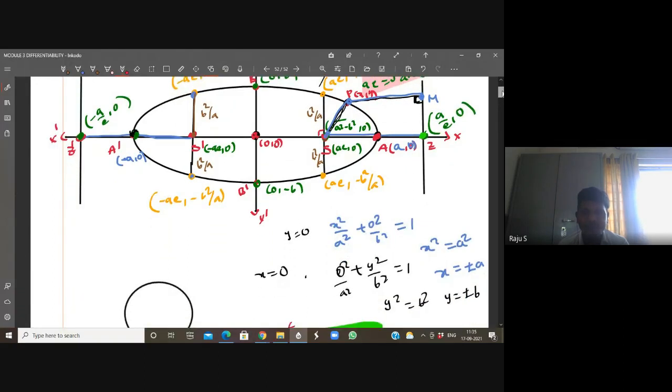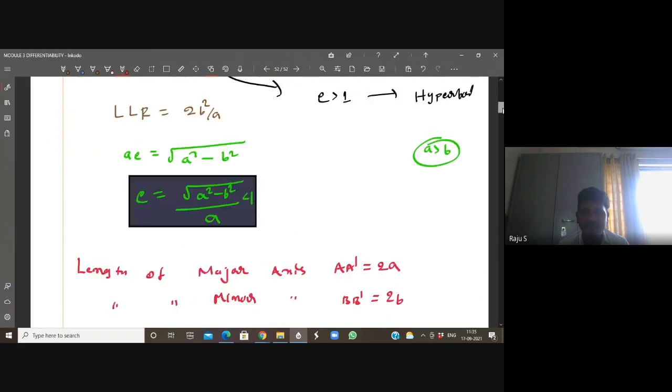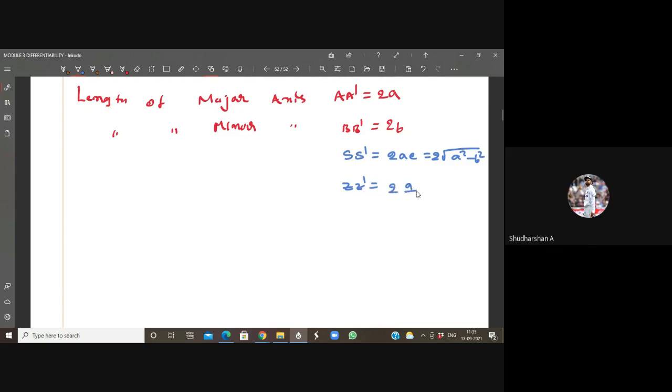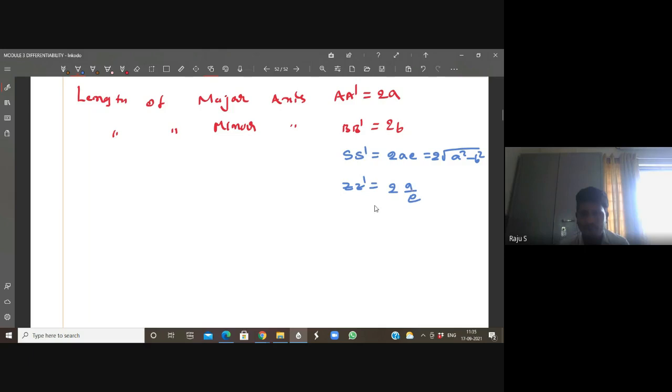The length between the two foci, S S dash, is equal to 2AE. This can also be written as 2 root over a square minus b square. And what is Z Z dash? 2 into a by e.